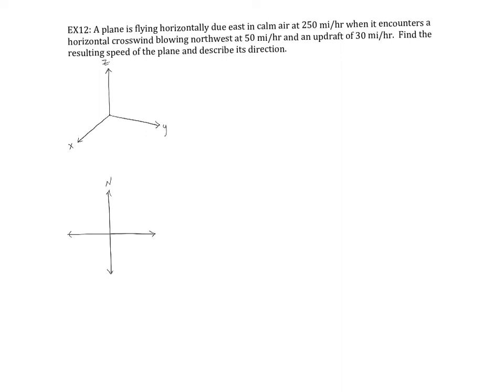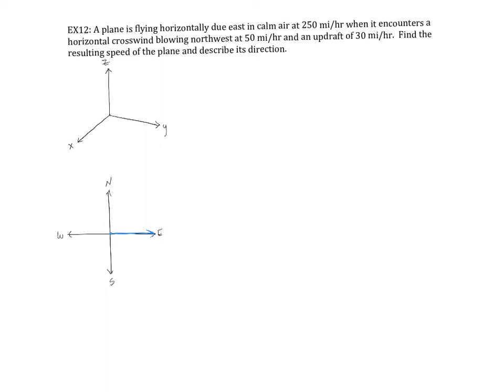So remember north, south, east, and west. We know that our plane is flying due east. So on that two-dimensional space, I'm going to draw my plane flying due east. Notice that this plane is going on the x-axis in the positive direction.